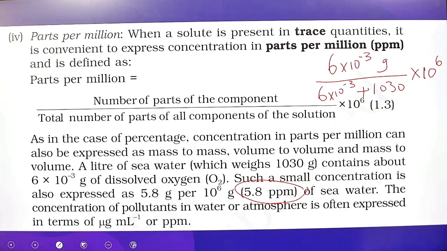mole fraction. Applications of the mole fraction, or usage of mole fraction concentration, is very important in solving topics like vapor pressure. Can you understand? Henry's law, based on it Raoult's law, based on Raoult's law ideal solution, non-ideal solution, lowering of the vapor pressure.